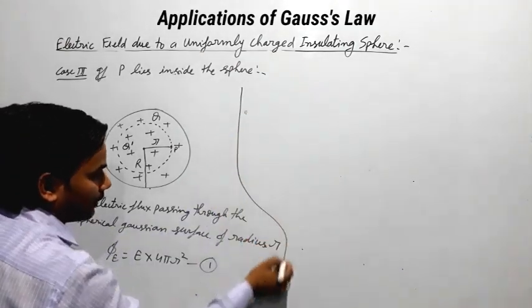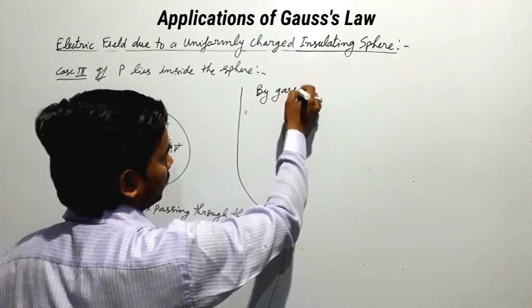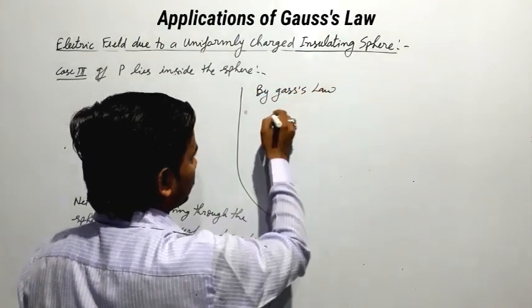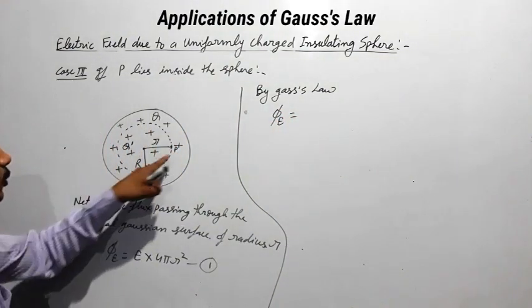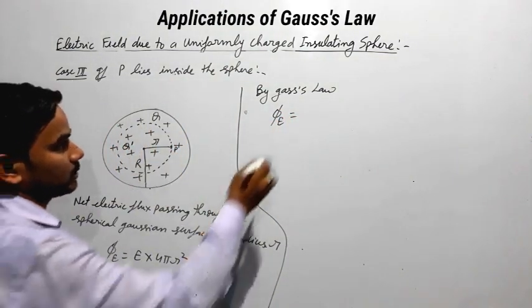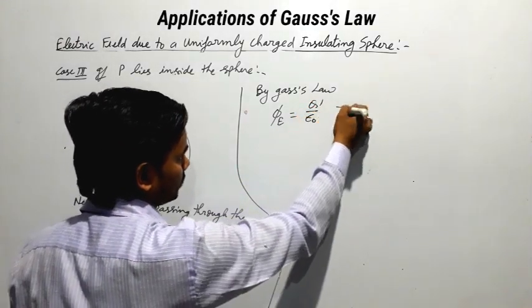Now by Gauss law, phi e equals the total charge enclosed by this Gaussian surface, which is q dash, so this will be q dash upon epsilon naught. This is equation 2.